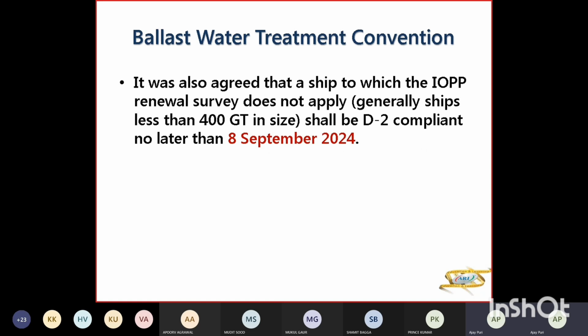Now, it is agreed that ships to which IOPP renewal survey does not apply, because that is generally less than 400 gross tonnage, are all to be D2 compliant by 8th September 2024.